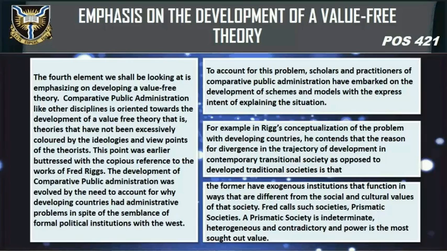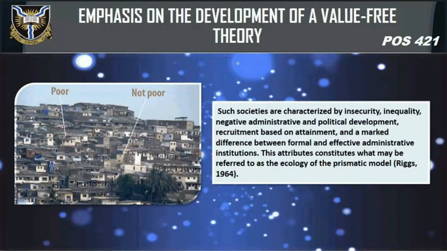A prismatic society is indeterminate, heterogeneous, and contradictory, and power is the most sought-after value. Such societies are characterized by insecurity, inequality, negative administrative and political development, requirements based on attainments, and marked difference between formal and effective administrative institutions.